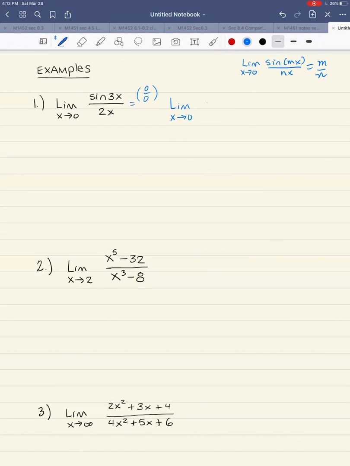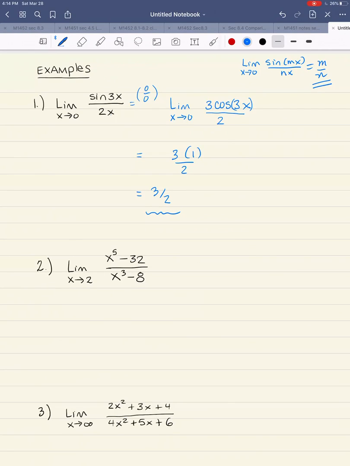So now I'm going to take the derivative of the sine of 3x and get 3 times the cosine of 3x. And then I'm going to take the derivative of 2x and get 2. Now I take the limit, put a 0 in here. Cosine of 0 is 1, so I have 3 times 1 over 2, and there's the 3 halves that I said you'd get by using that theorem.